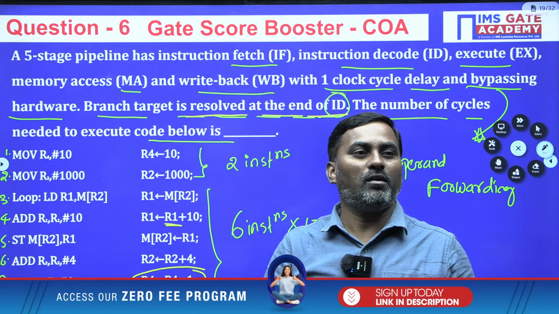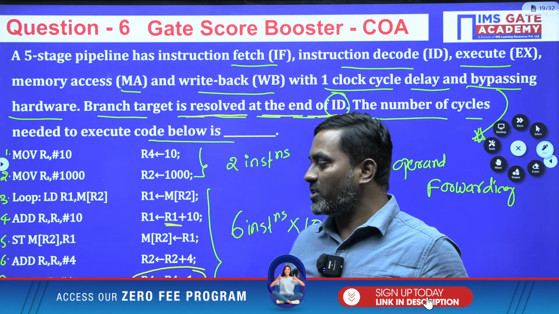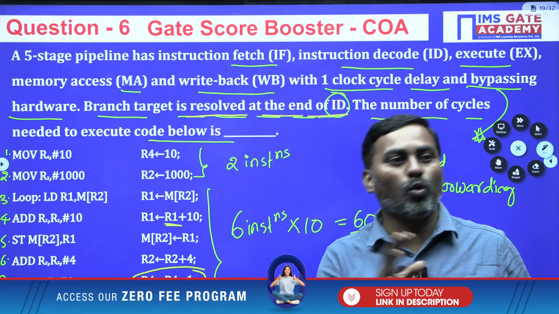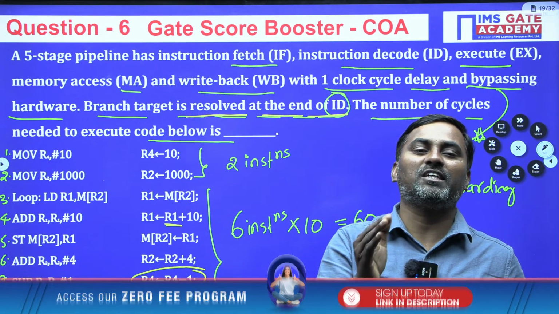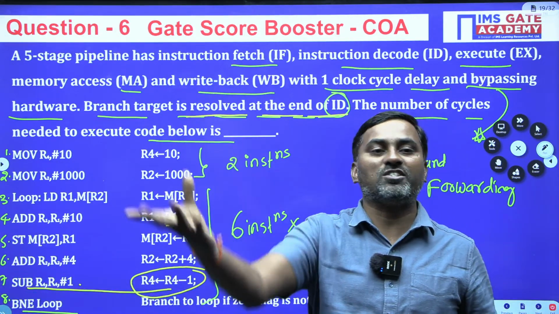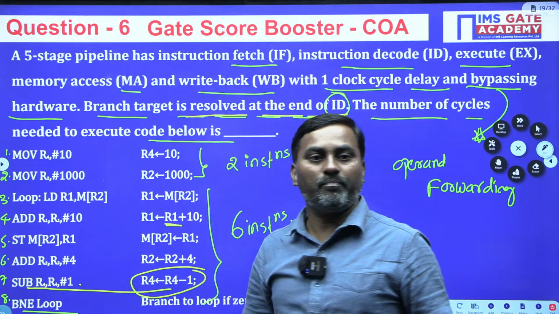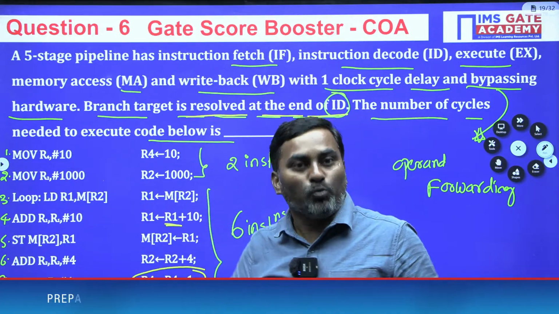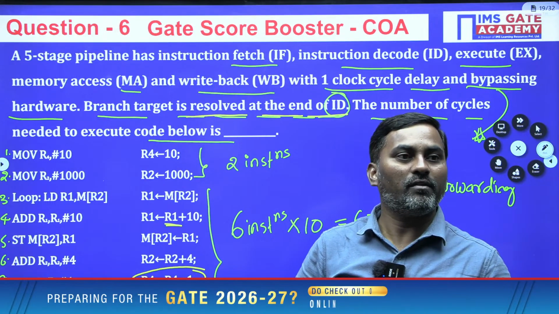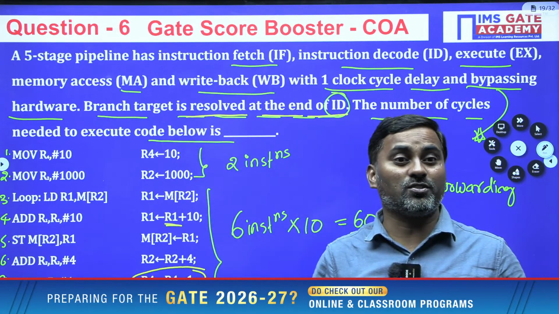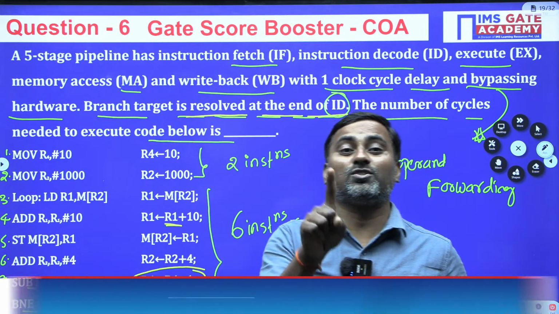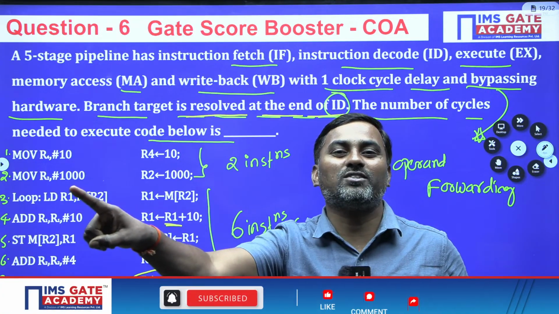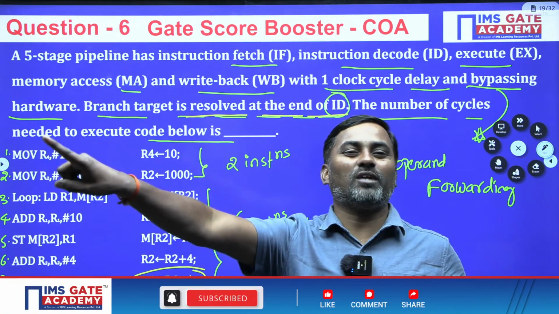When the branch instruction fetching is over, at the decode time of the branch instruction, the PC is pointing to the next instruction, not to the load, right? It is not pointing to the loop. You have to update it. It is pointed to another instruction, which means one instruction is already fetched. You have to flush out that instruction.